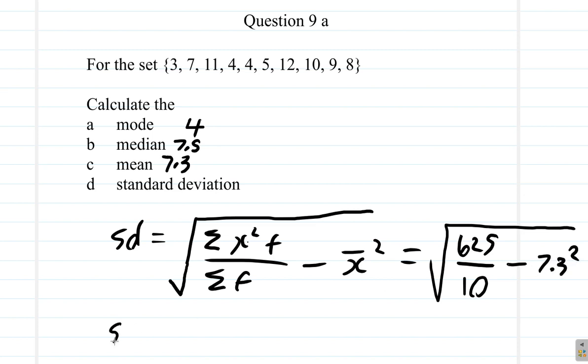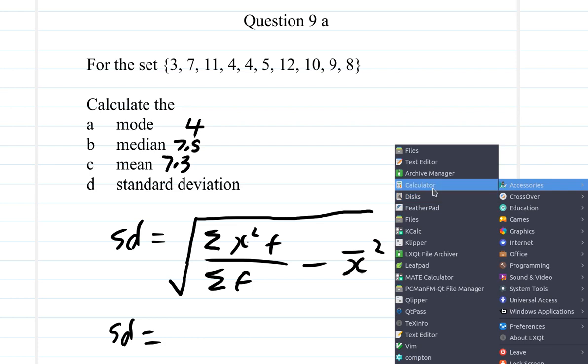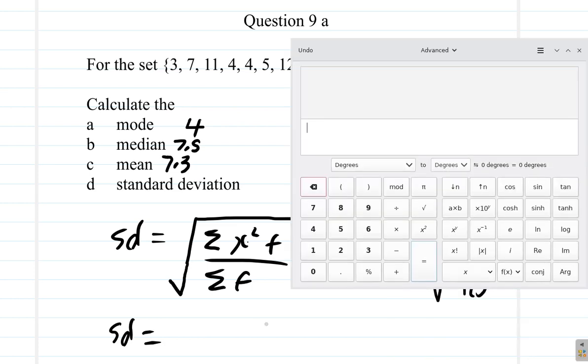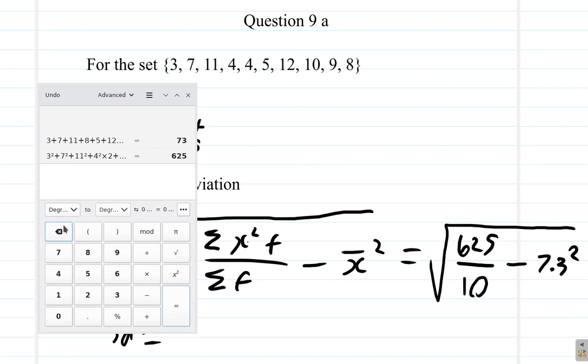So in this case, the standard deviation will be equal to, so we get back our calculator and work it out. It's going to be 625 over 10 is going to be 6.25. Oh, 62.5 now. 62.5.